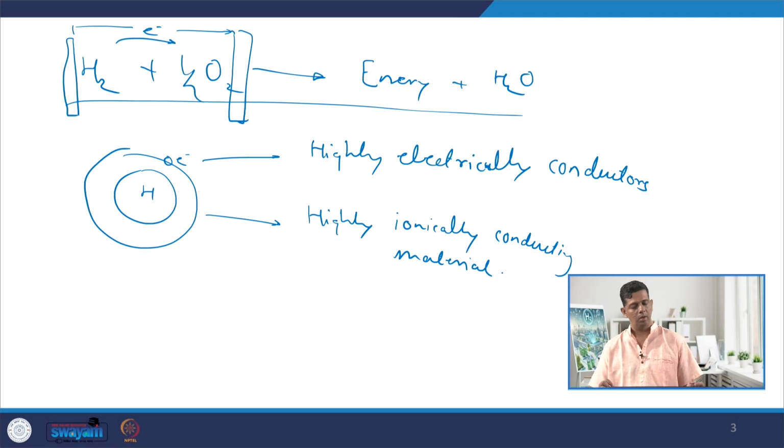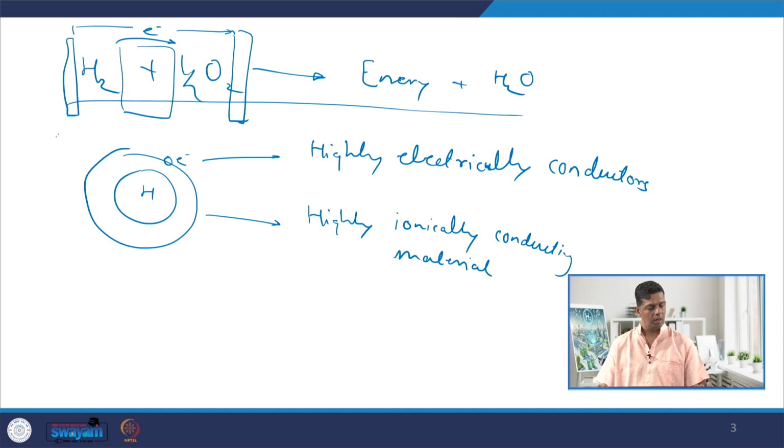In other words, we need electrically conducting materials and we also need ionically conducting materials, and this ionically conducting material will be put in between these two electrically conducting electrodes, at the center.